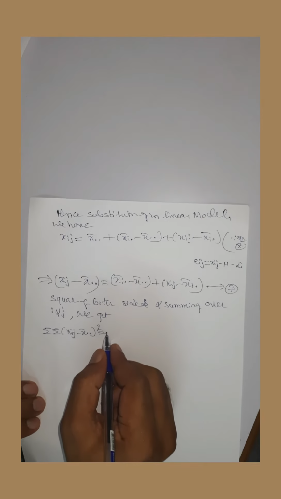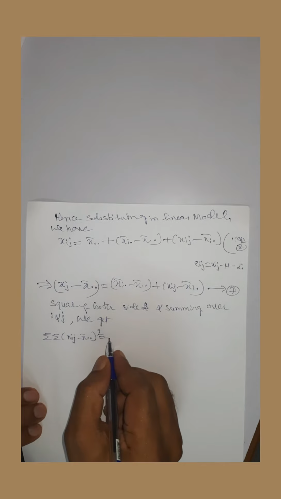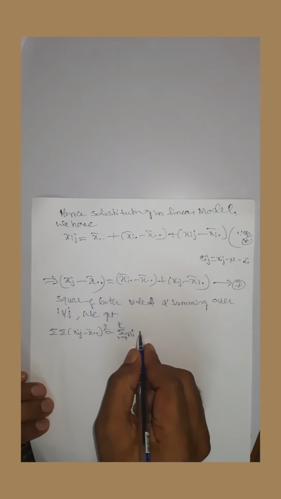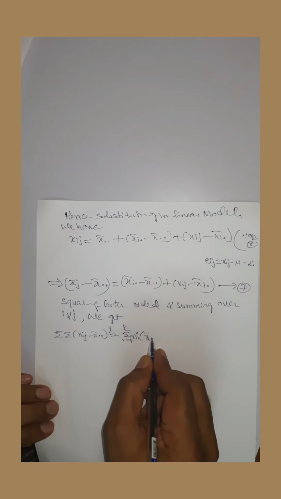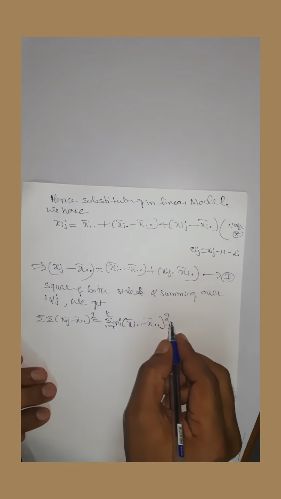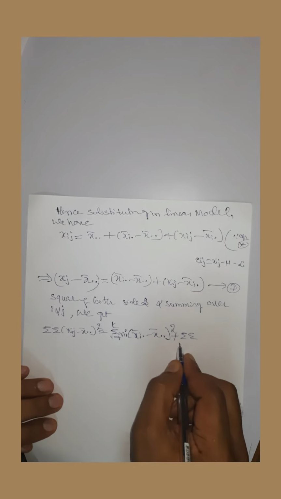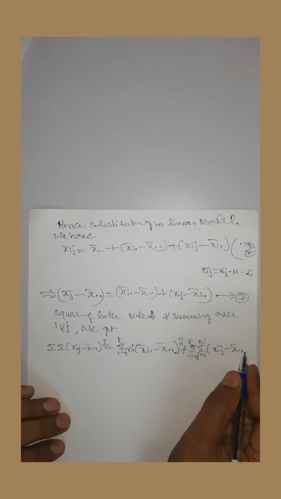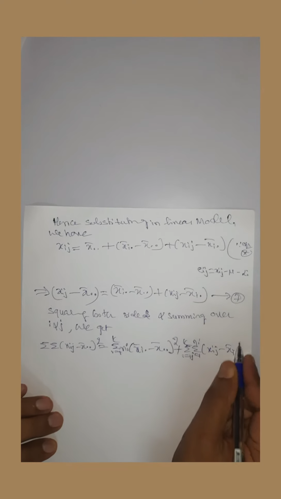This is equal to summation i equals 1 to k ni into bracket x bar i dot minus x bar dot dot whole square plus double summation i equals 1 to k, j equals 1 to ni, xij minus x bar i dot whole square.